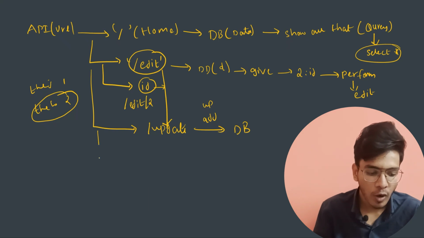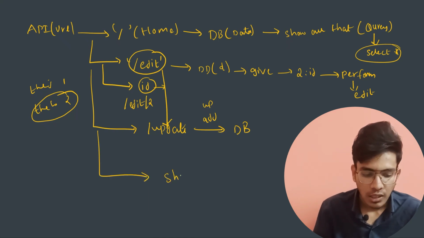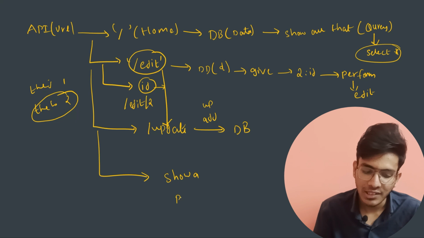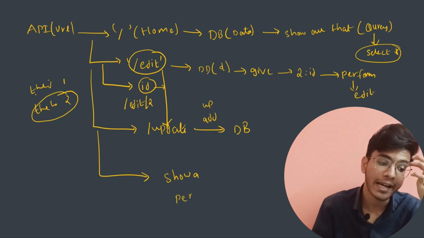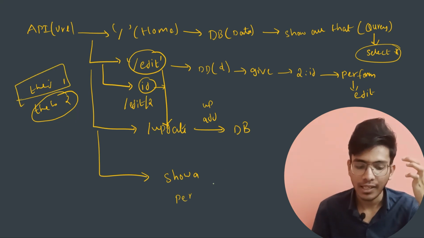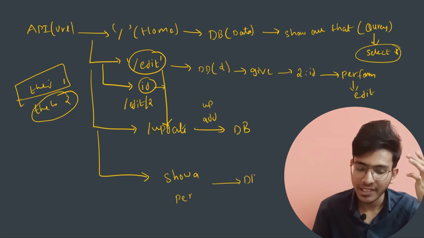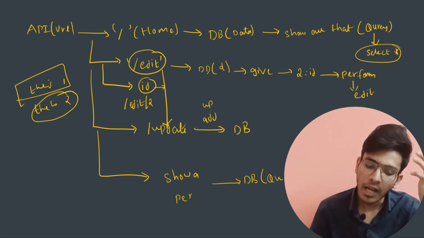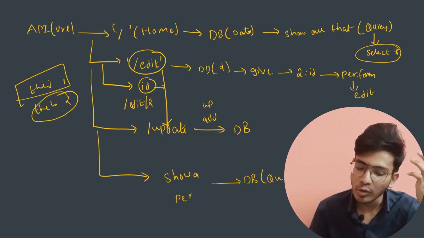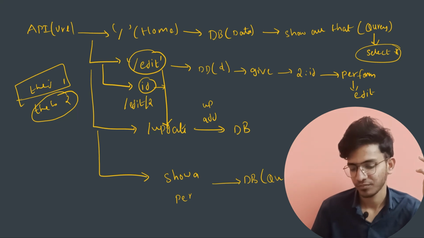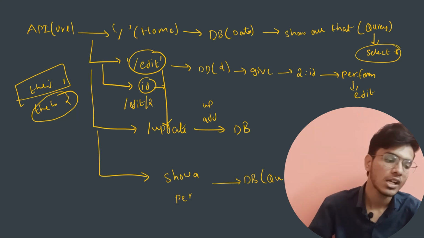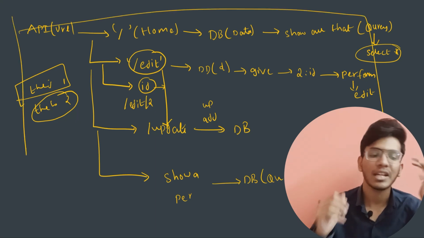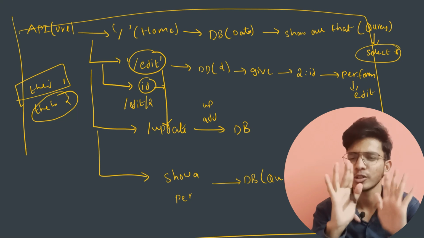Now if I want to show a particular ID, for example the data of ID 1, then I will go to my database, perform a query, select the data which has that ID, and display that data to my user, right, from my DB to user. So this is the workflow our whole application is going to have.